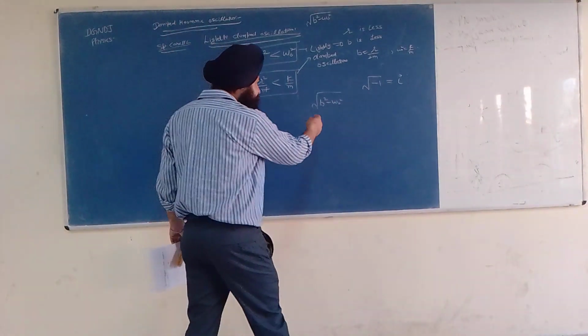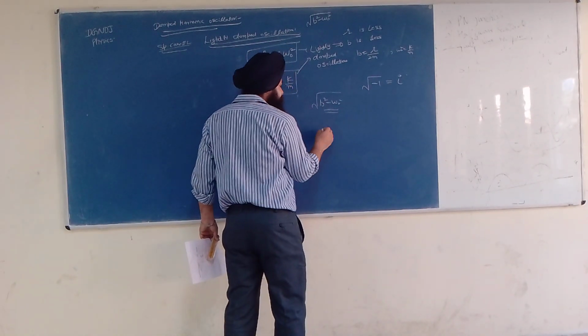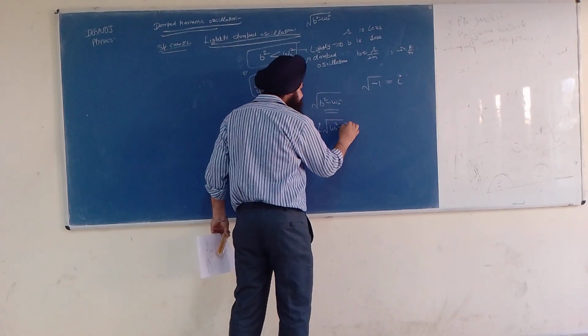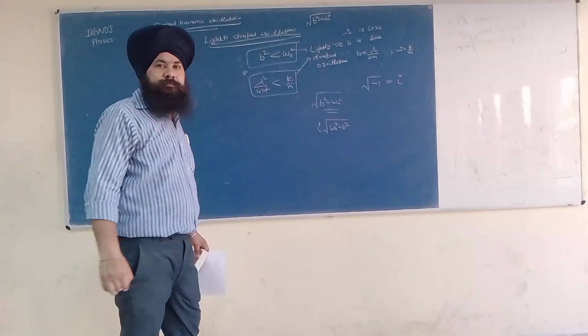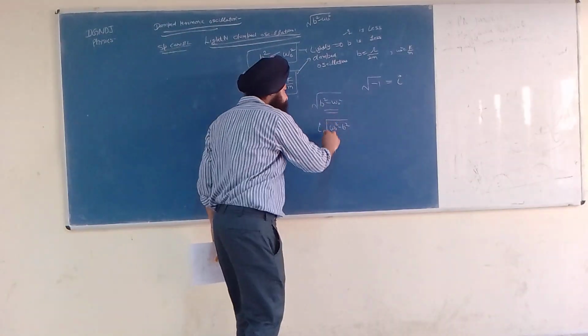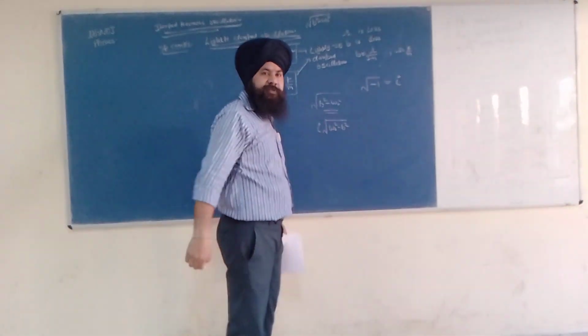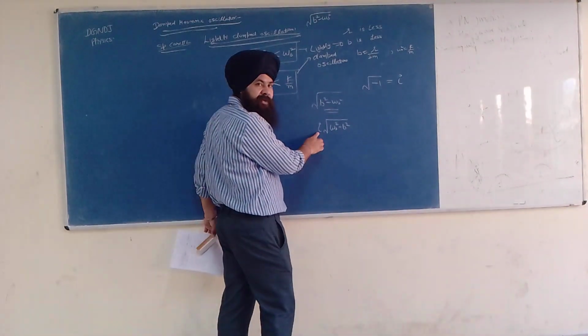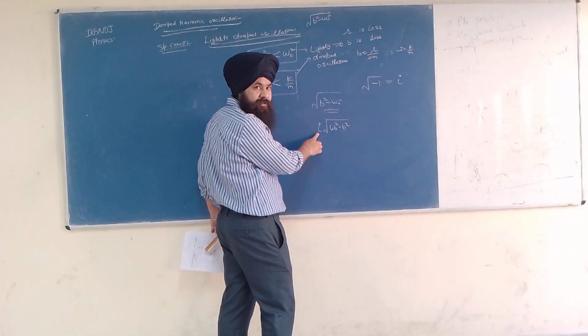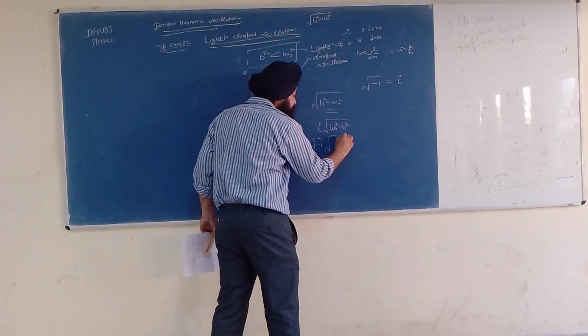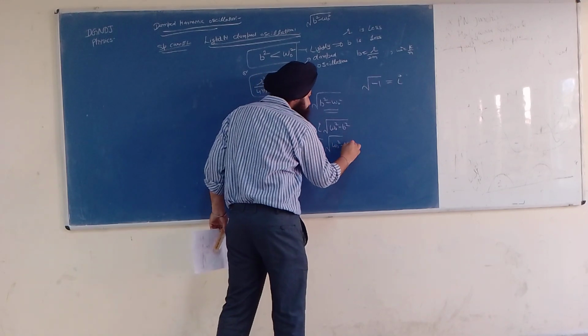So I can write this term as iota times the square root of omega naught square minus B square, so that this term becomes positive. What's the meaning of iota? Square root of minus 1 into square root of omega naught square minus B square.